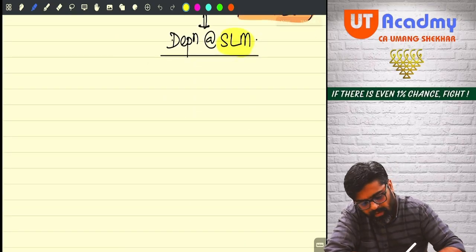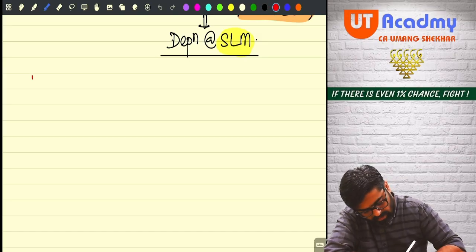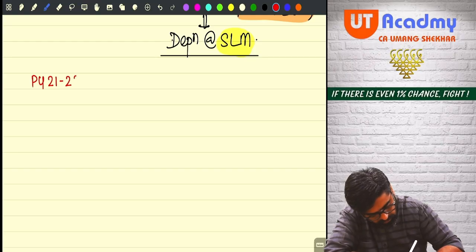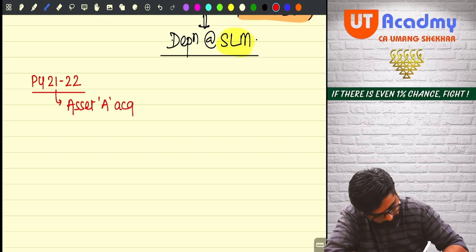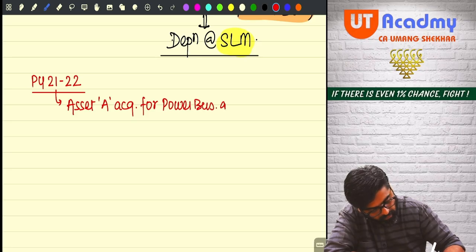Now, for example, in the previous year 21-22, one asset was acquired. Asset A was acquired for the power business of X Limited.